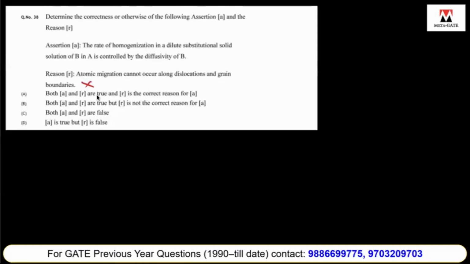So the reasoning itself is wrong. And the rate of homogenization in a dilute substitutional solution of B in A is controlled by the diffusivity of B? No, it also depends on the diffusivity of A. So this is also a wrong option. So both are false.